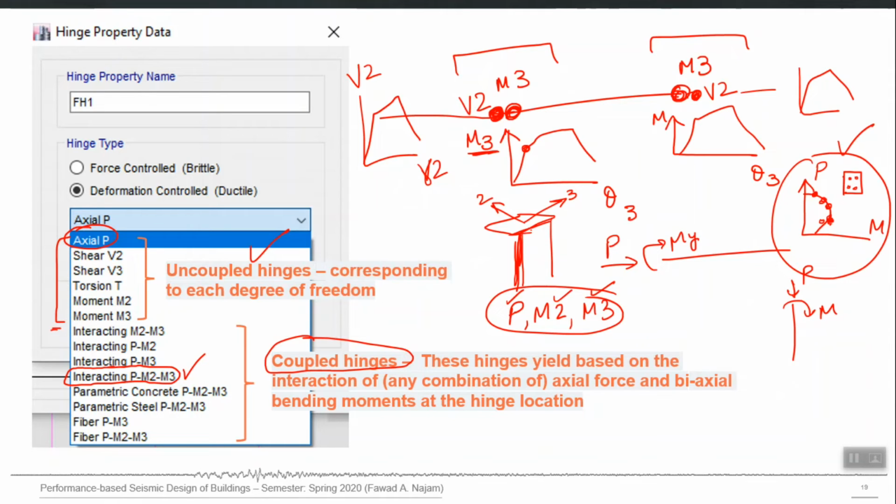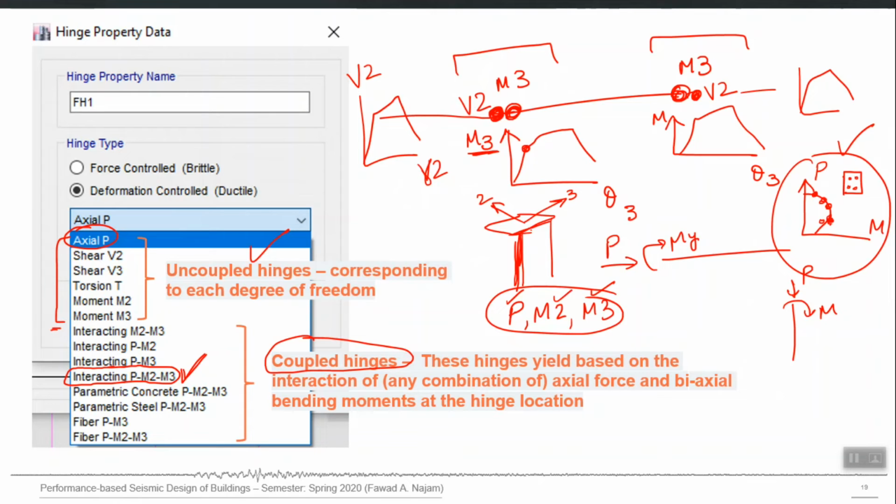So 3 degrees of freedom will be modified or coupled in the same hinge. So the program in this particular hinge will require you to define the m theta curve in 2 direction as well as in 3 direction, as well as the effect of axial load on those m theta curves, right? So when the axial load is more, the program reduces the My in M2 or M3 direction, right? So it accounts for that interaction.